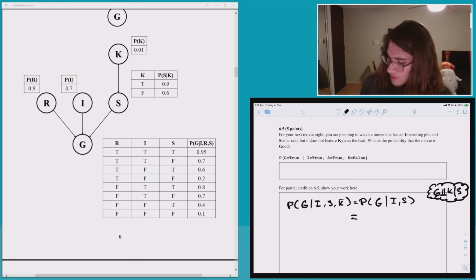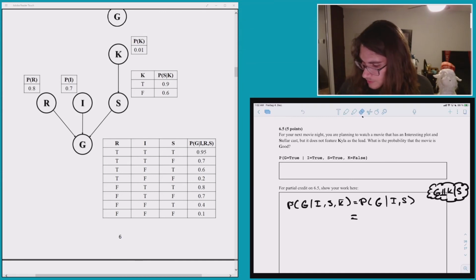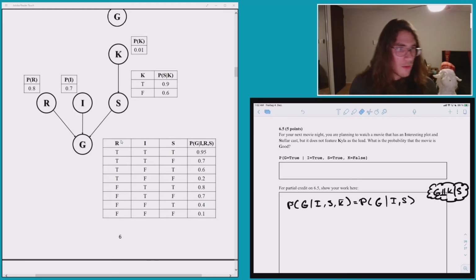Let's see, what next? So I have G given I and S, and when I look at my table here, I see that I have S, but I don't have R. But I can apply the exhaustion principle.